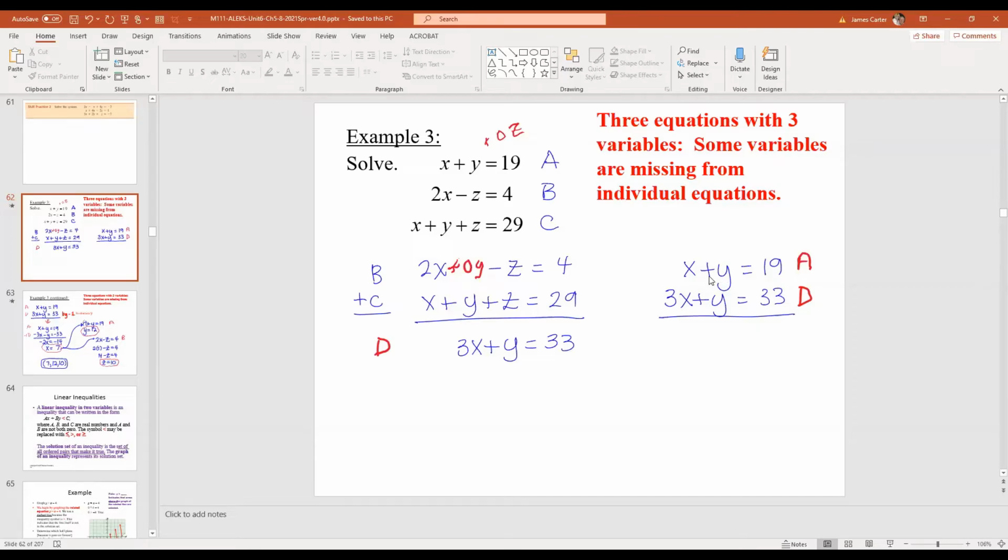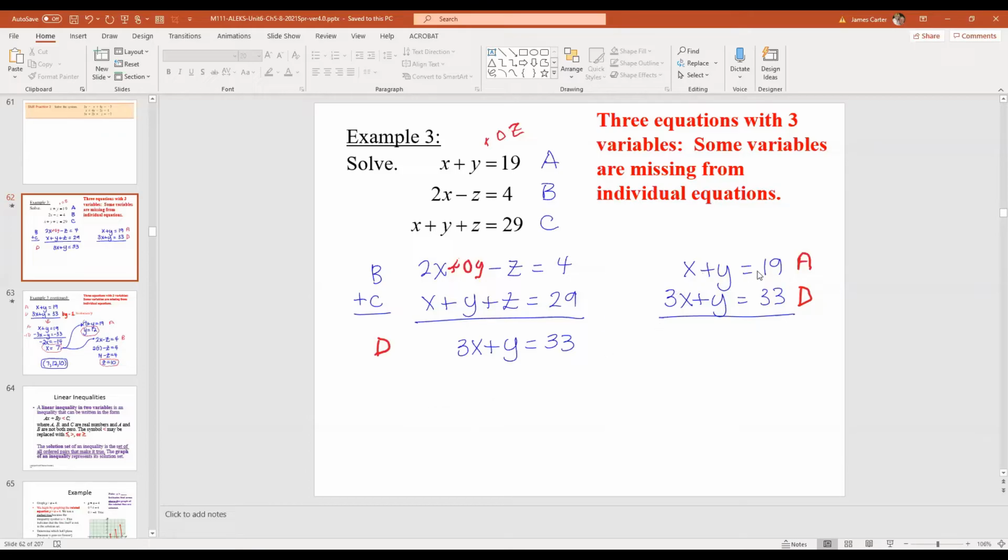Then I take equation A, which has the x and y with the z missing, and I combine it with this equation D we generated, which only has x and y. And we can work these two right now. What we ended up doing is, because of these missing values, we were able to skip doing an equation E.